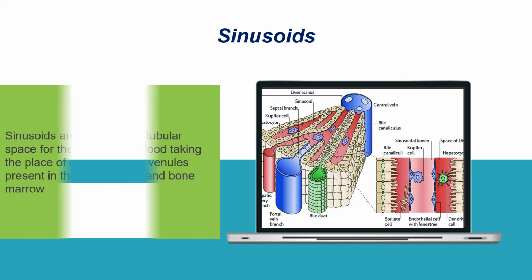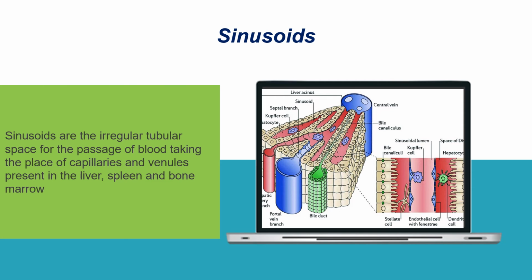Next are the sinusoids. Sinusoids are irregular tubular spaces for the passage of blood, taking the place of capillaries and venules in the liver, spleen and bone marrow. So we can find sinusoids in the liver, spleen and bone marrow. The walls of the sinusoids are lined with phagocytic cells.